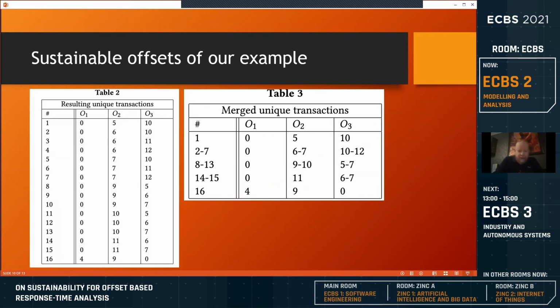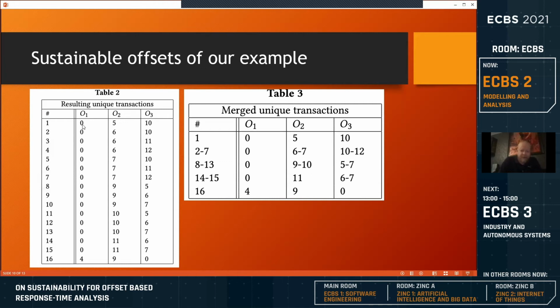From our example, we have generated all the possible unique offsets. By unique, we mean that it's the relation between the offsets that are of interest. So for example, we have 0, 5, 10 here.